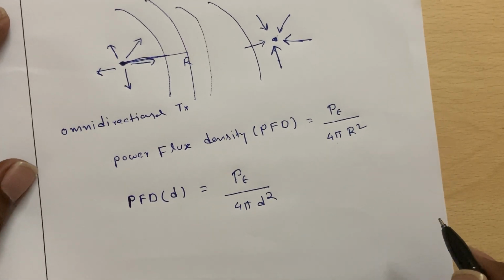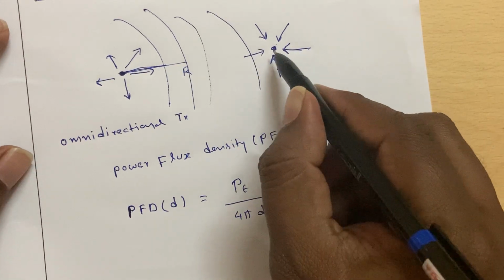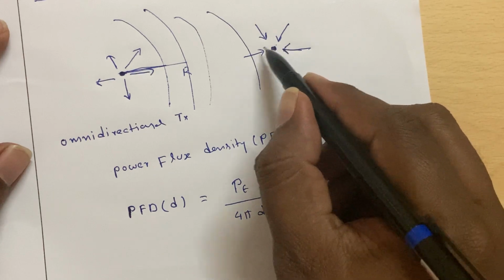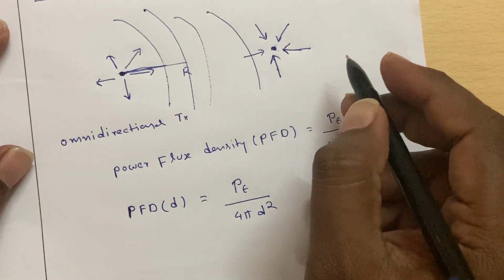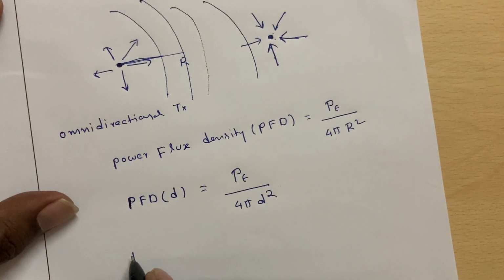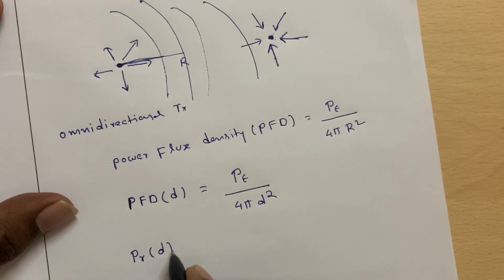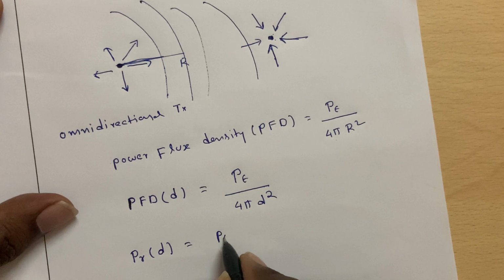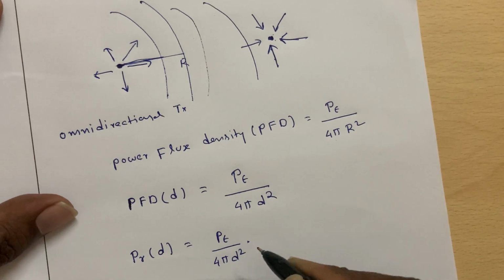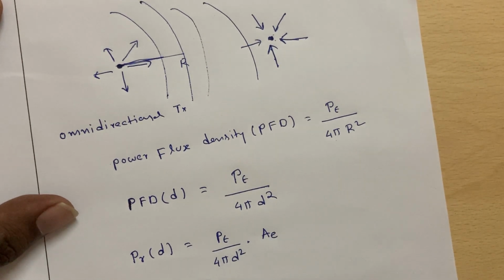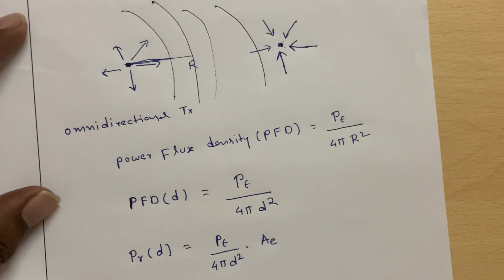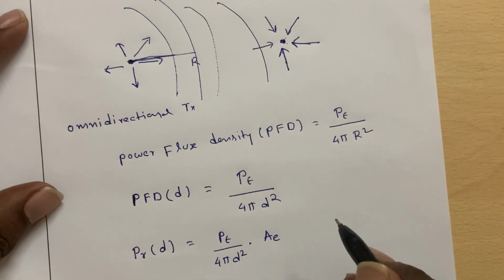Now, not all the power flux density will be captured by the receiving antenna; only a certain portion of it will be captured. So the received power at the receiving antenna is the PFD into the effective area of the antenna, or antenna aperture.